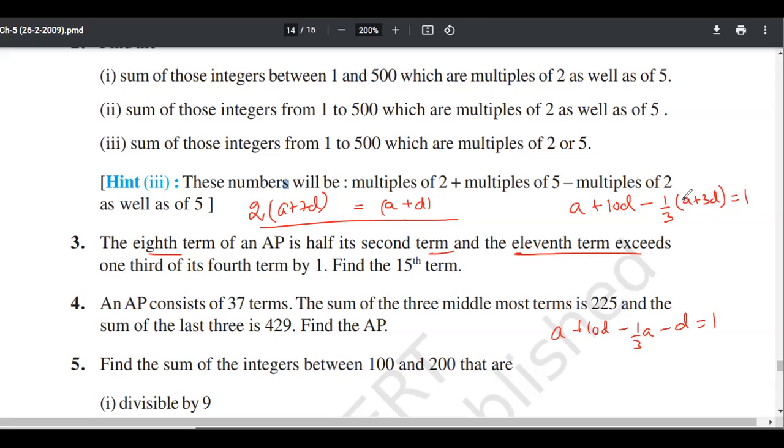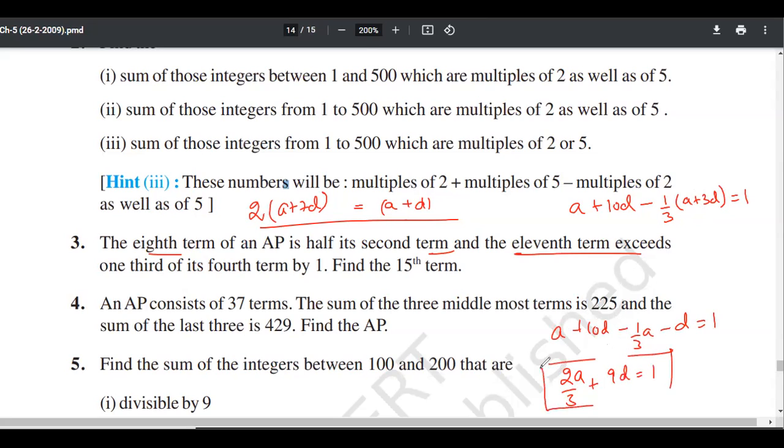When you multiply this one, you will get 1 upon 3A. So you can find that this is 1/3 of A. When you subtract, you will get 2/3 of A plus 9D is equal to 1.